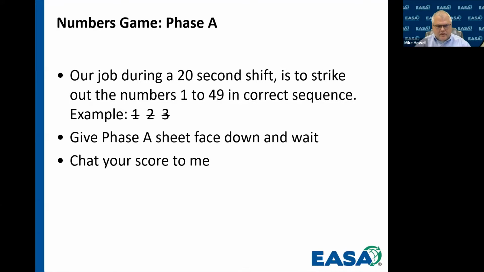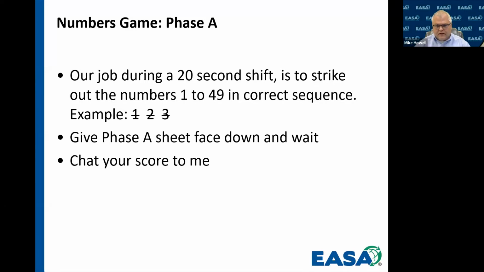And the way this is going to work, you guys can go ahead and give the phase A sheet face down to the individual. But what we're going to do is simulate a work shift. It's going to only be 20 seconds of our webinar for each phase. And the task for the individual is going to be to have a pen or pencil, and you're going to turn the page over, and you're going to strike out numbers from 1 to 49 in the correct sequence.